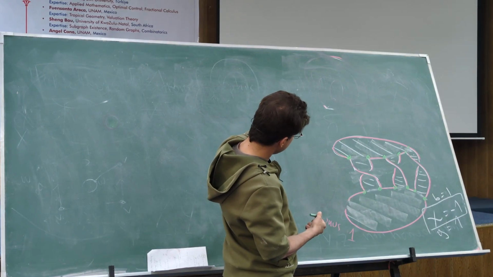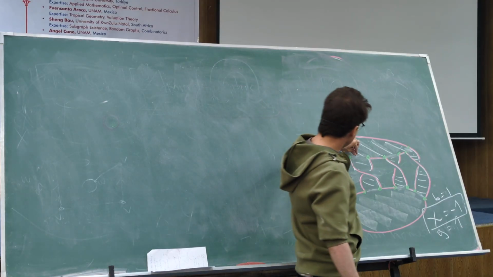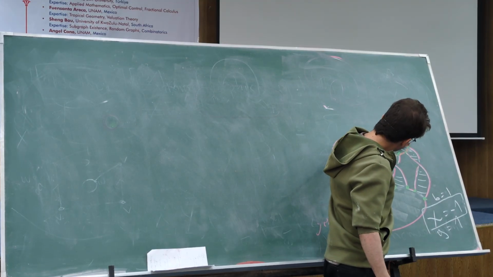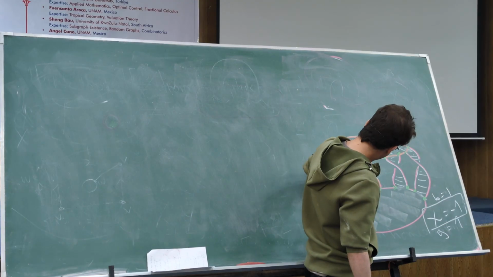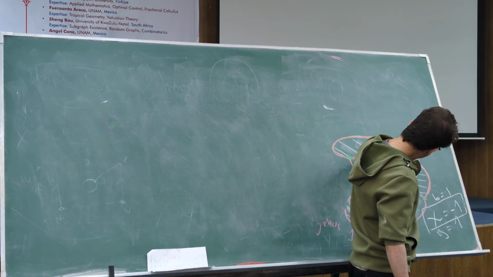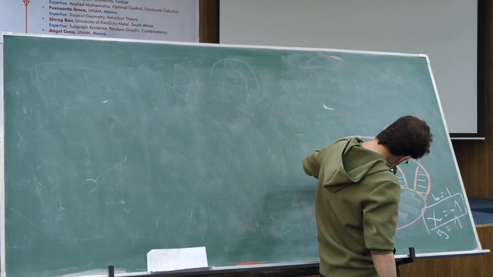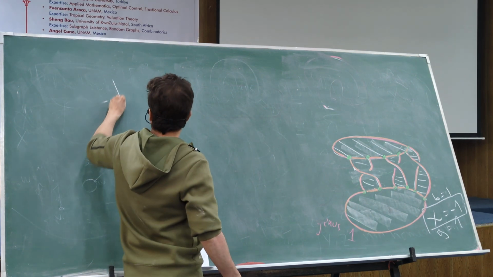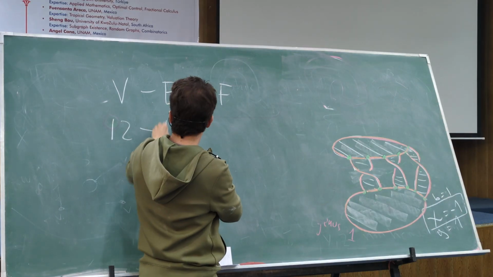So how many? Let's count the edges. So vertices, how many? 12. 12 minus 18.